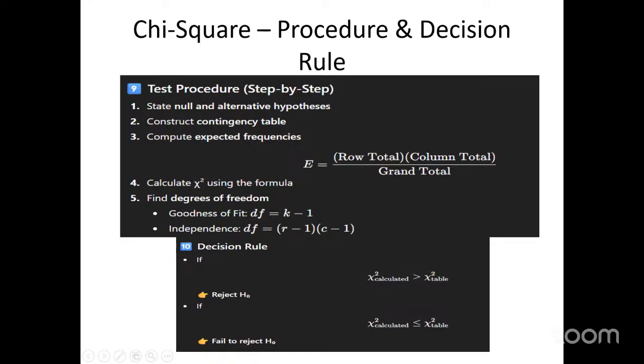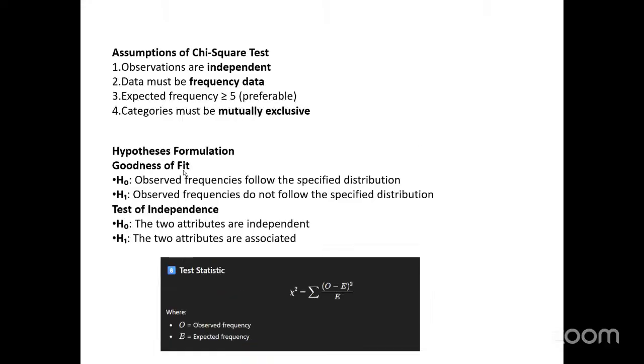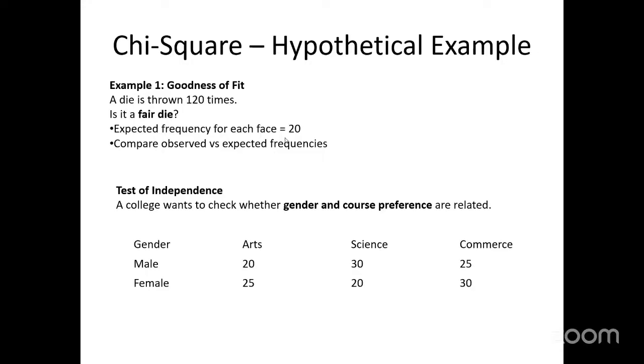This is the test procedure. I have already stated the null and the alternative hypothesis. Construct the contingency table. This is the contingency table. Usually, in most cases, for basic cases, we deal with a 2 by 2 contingency table.